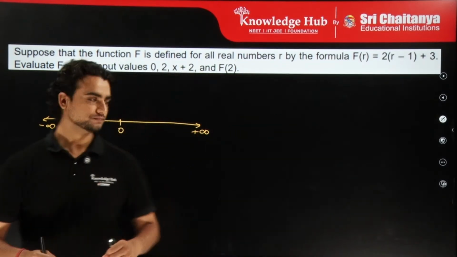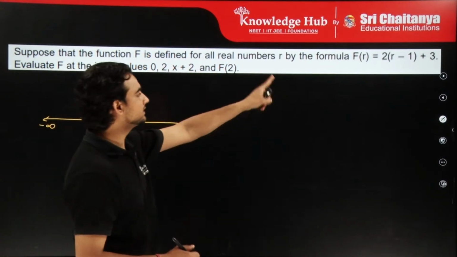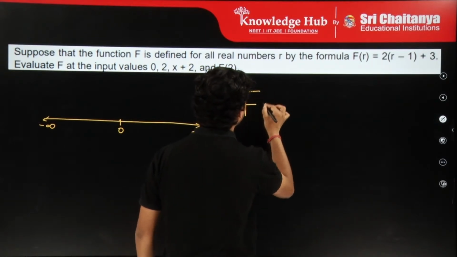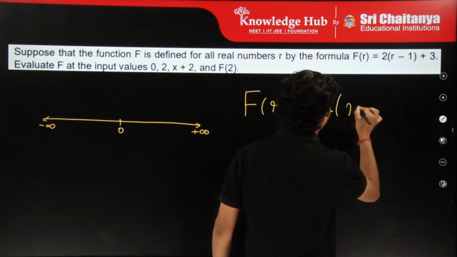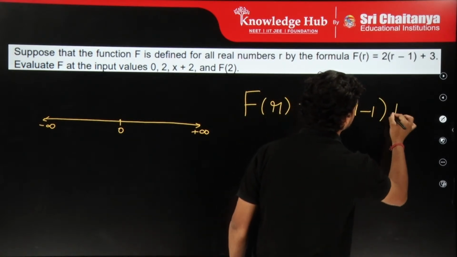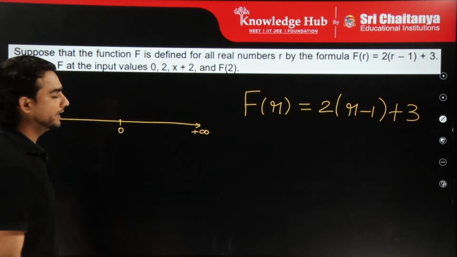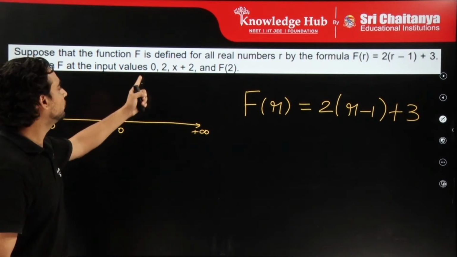Now, suppose f is defined for all real numbers by the formula f(r) = 2(r - 1) + 3. This is the function given to me. So what is he trying to say? He's trying to say that we evaluate f at the input values.